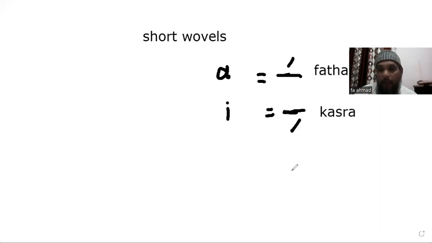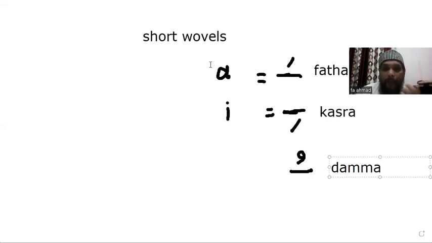Now third, like a hook, like a small waw, it's called damma. Damma sound is, I write here u, so you can say u.